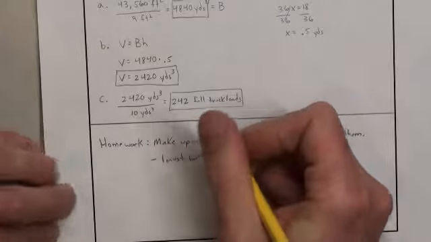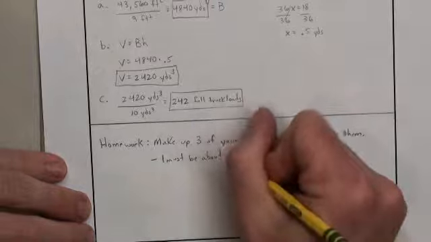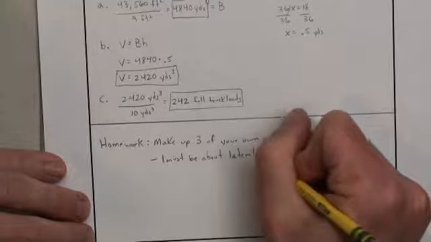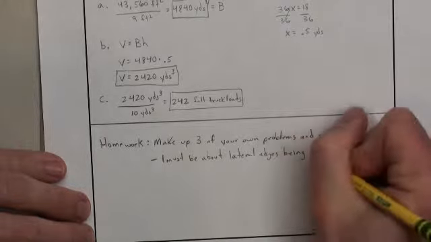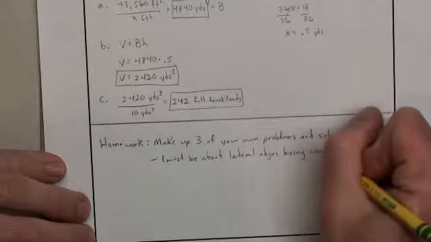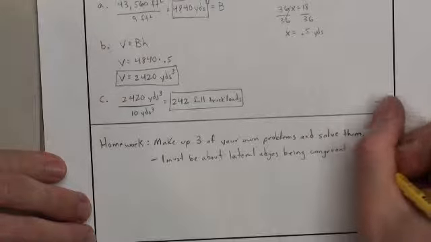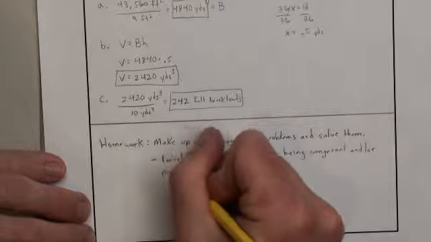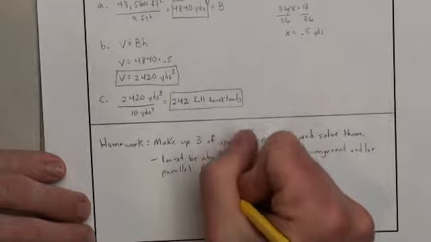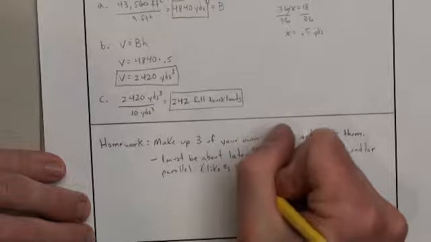One must be about lateral edges being congruent and/or parallel, and those are like numbers 1 through 4.